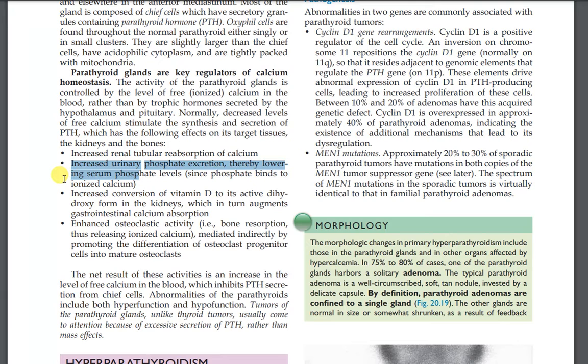So what's the physiological role of calcium? Maybe you discussed it in physiology, maybe not. Calcium takes part in a lot of different processes in our body, like coagulation of blood. It also takes part in muscle contraction.